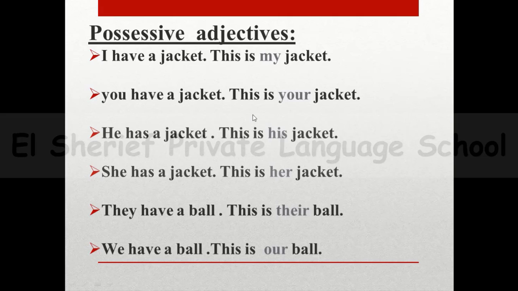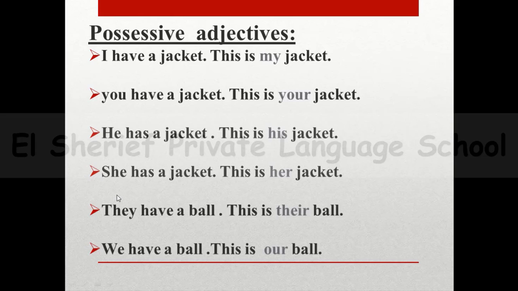So I will say, this is your jacket. Example number 3, he has a jacket. The subject here is he. So I will say, this is his, because I used the subject pronoun he. I will say, this is his jacket.